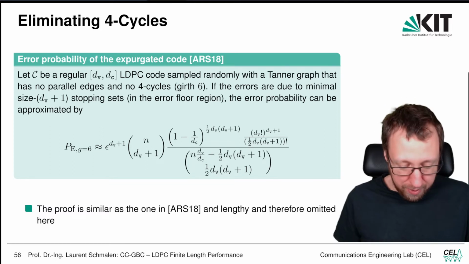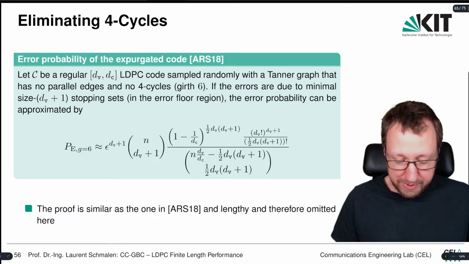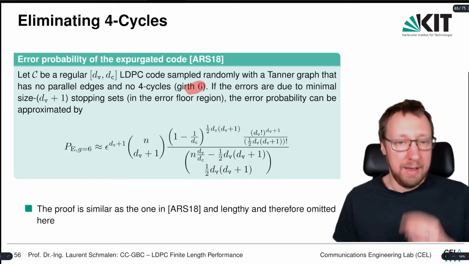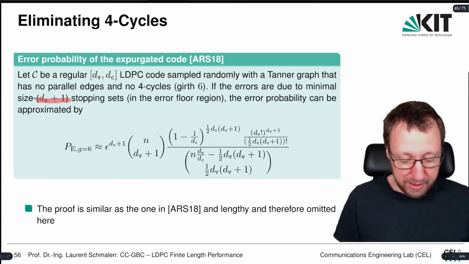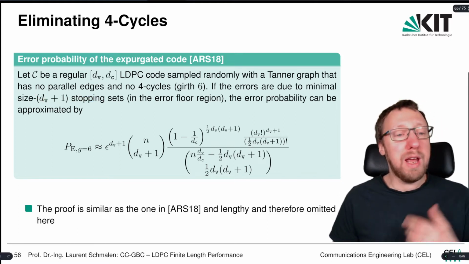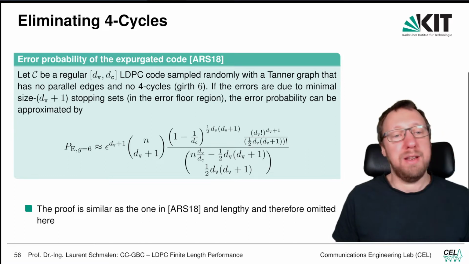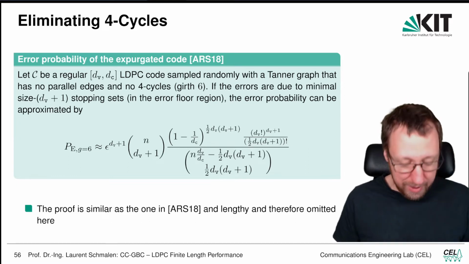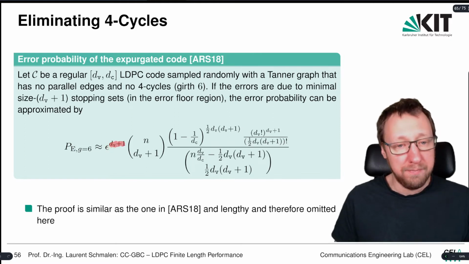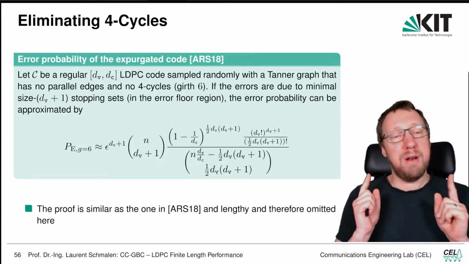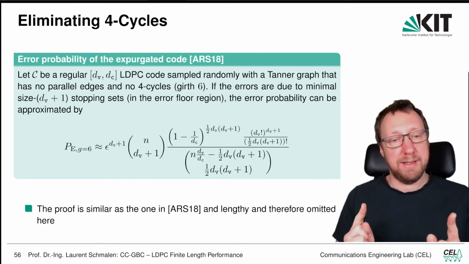So if we have a regular dv-dc LDPC code with no parallel edges and no 4-cycles, so the girth is equal to 6, then the errors are due to dv plus 1 stopping sets, and we can calculate the error probability of those. So again, the error probability is given by epsilon to the power dv plus 1. That's now dv plus 1 variable nodes must be erased.